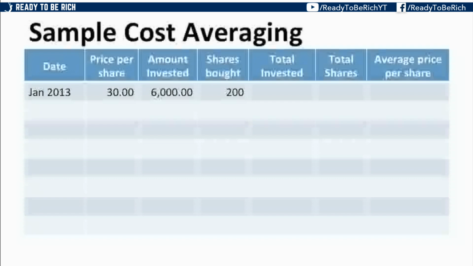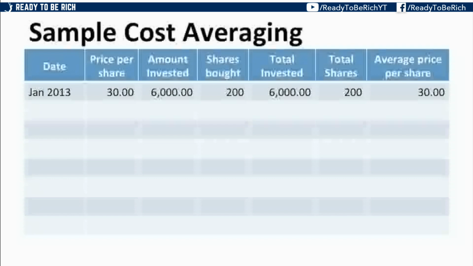Diba? So of course we did not include the taxes and the fees here to make this example much easier to understand. So the total invested so far is 6,000 pesos and your total shares is 200, and the average price per share is 30 pesos.